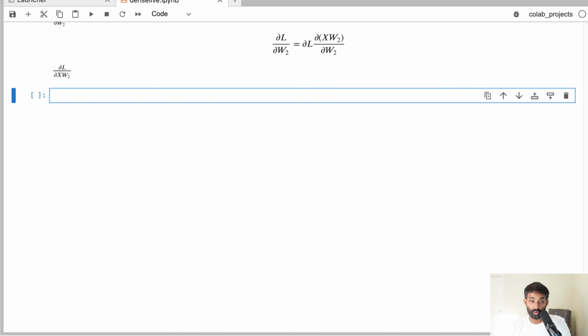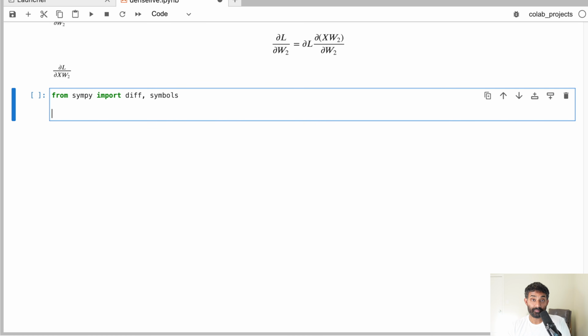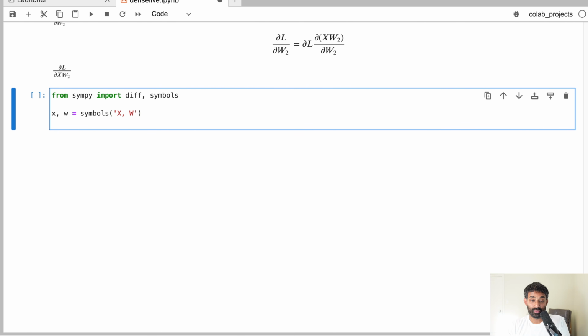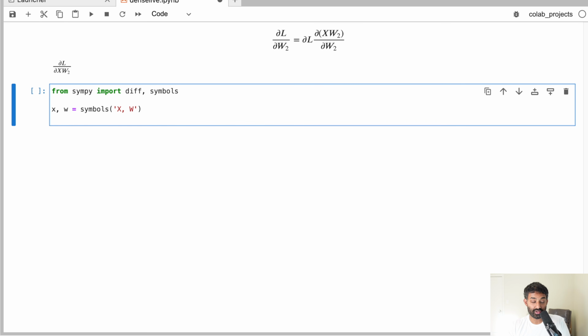All right. And one way to verify partial derivatives, if you want to really get under the hood, is a Python library called NumPy. It can't really differentiate everything perfectly, but it's free and it does a pretty good job. So what we can do is define 2 symbols in NumPy. So these are basically the same symbols you see here, the building blocks of math equations. Then we can define our equation, which is just x times w.